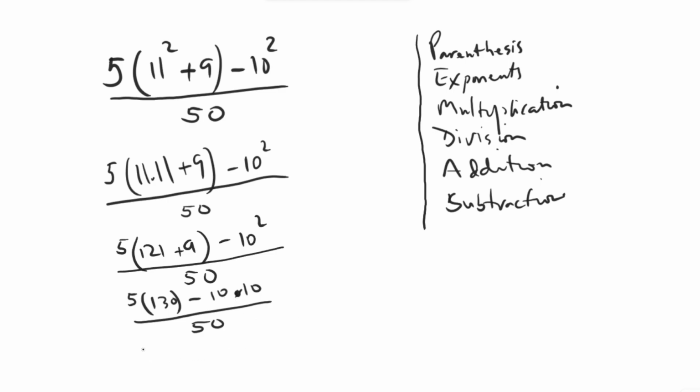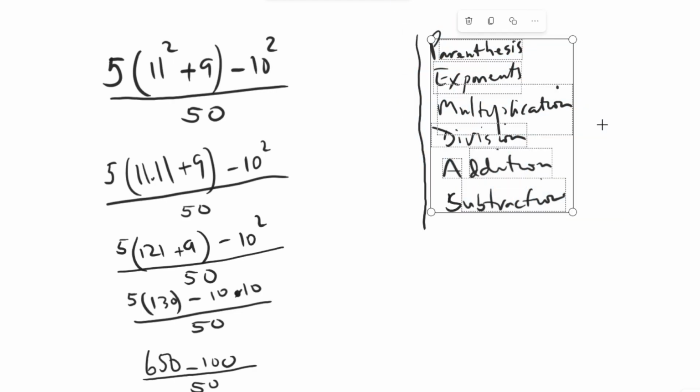So 650 minus 100, because 10 times 10 is 100, over 50. So this takes us, let's see, once we get this one going, and let's finish it.